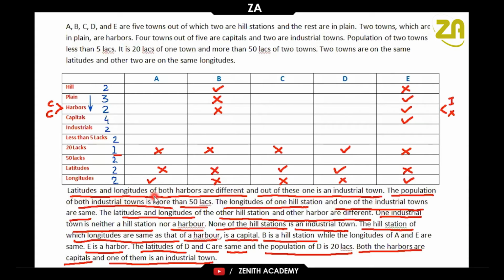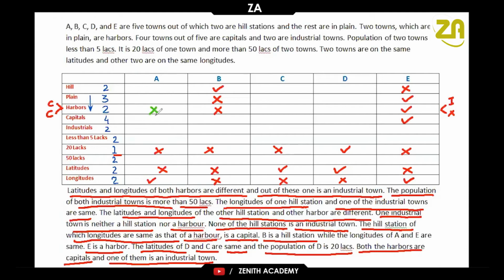Latitudes and longitudes of both harbors are different. Look here, you decided that E is a harbor. Okay. And you know that E and A town longitude is the same. It is given that the latitude and the longitude of both harbors are different. So what is sure? Surety is that A cannot be a harbor.